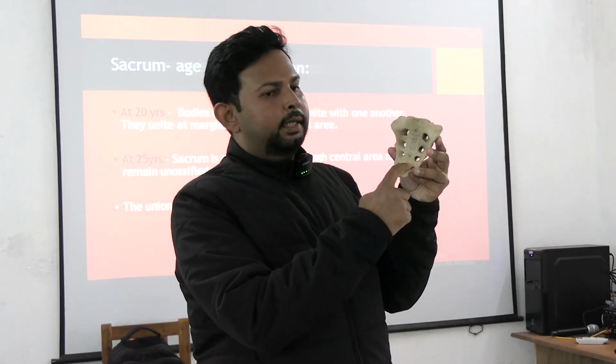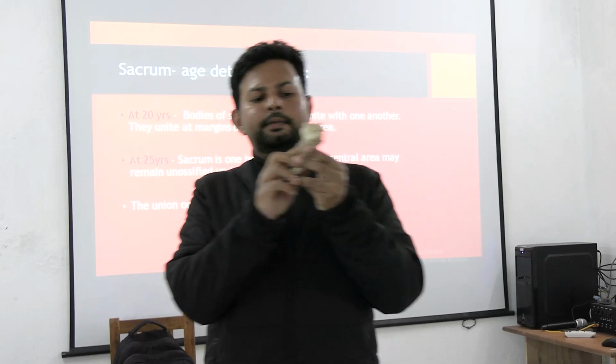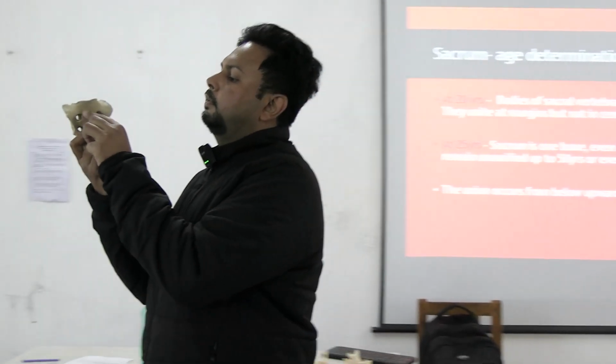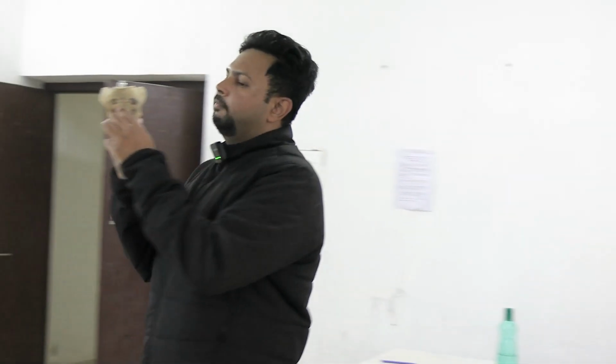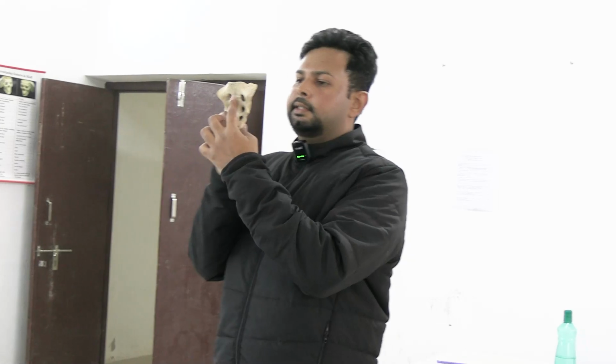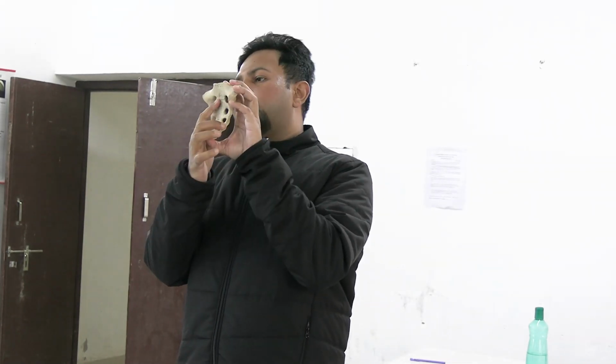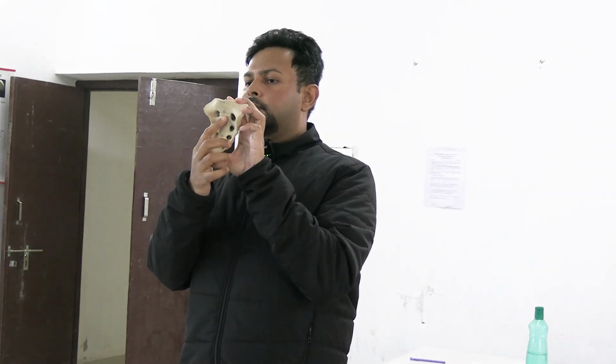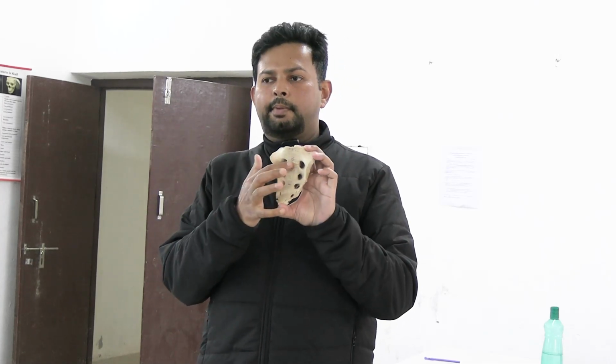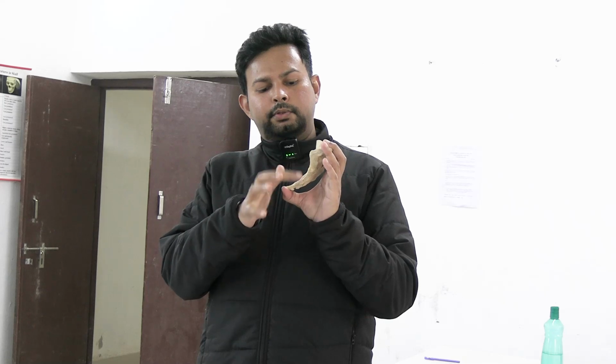And the first one, the first sacral vertebra and second sacral vertebra, sometimes there will be non-union also. That is called lapsed union. It may not fuse. It's not that it always has to fuse. It may remain unfused in the central part. So the whole thing fuses up.